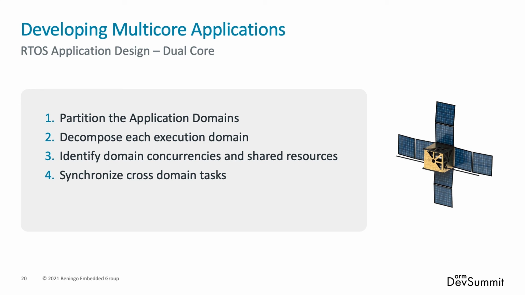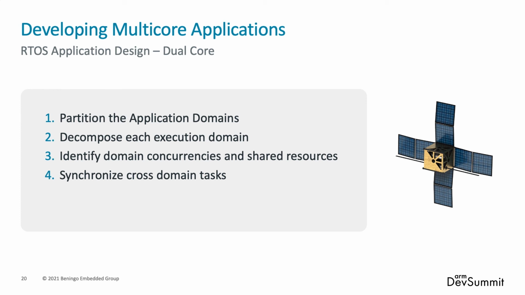So I want to see how I can break these into multiple domains and best use my multi-core processor. Once I've figured out how I can partition the application domains, then I can decompose each of those application domains into execution domains, essentially, of what tasks should actually be running on which cores. Once I've done that, I can identify any domain concurrencies and any shared resources that need to be managed between the two cores, between my application domains.